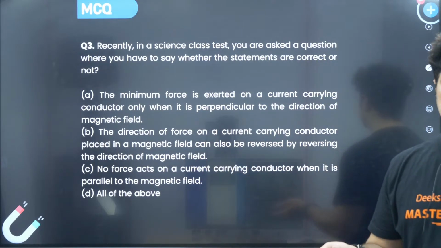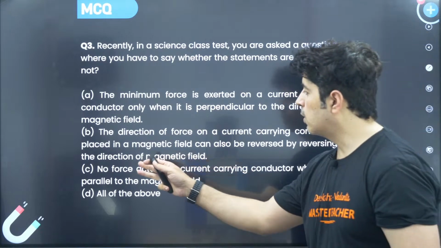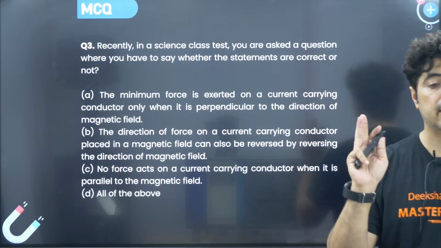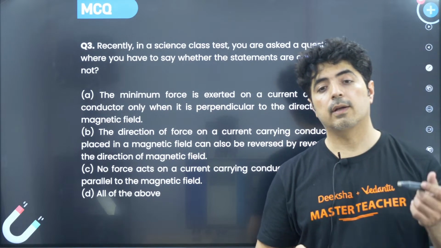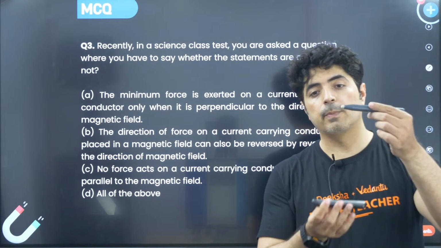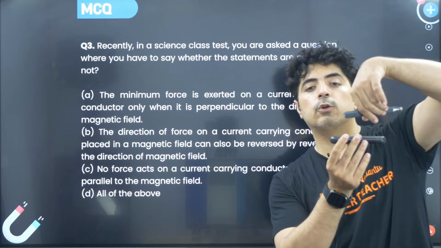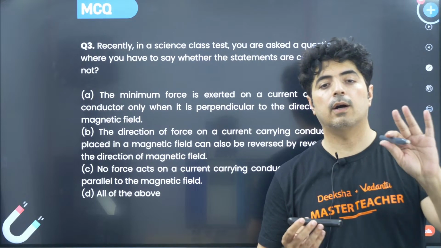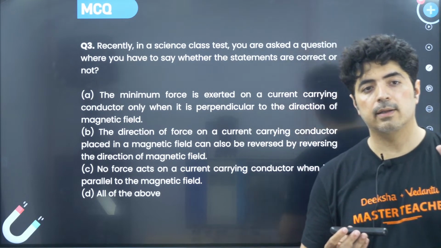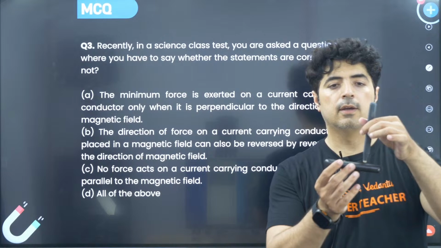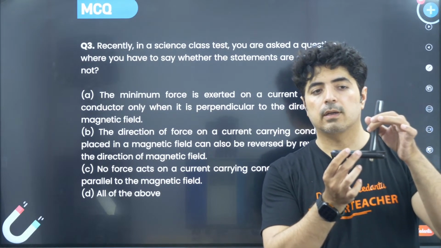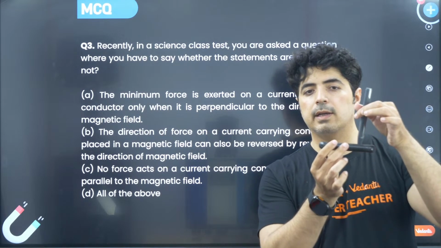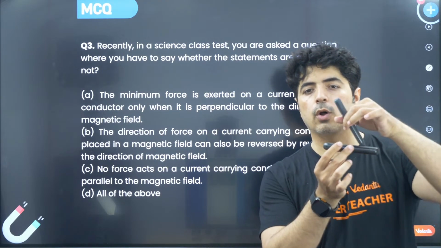Yes. Yeah. No force acts on a current carrying conductor when it is parallel to the magnetic field. We discussed that also. If the conductor is parallel or opposite to the magnetic field, no force. The only way there is a force is when this is my magnetic field, this is my direction of current, it has to be either perpendicular or at some angle.